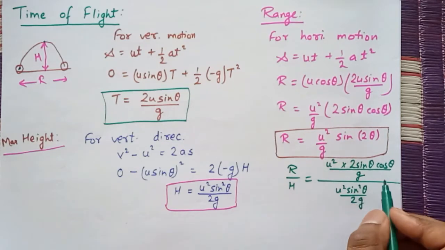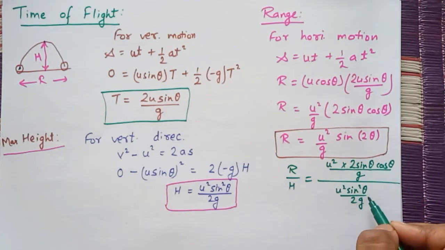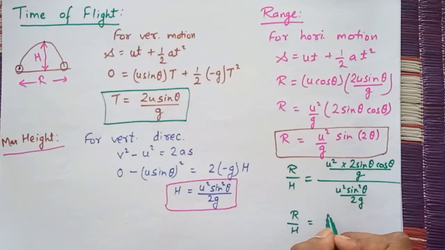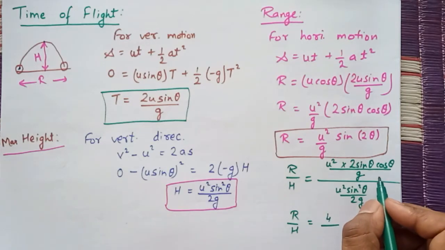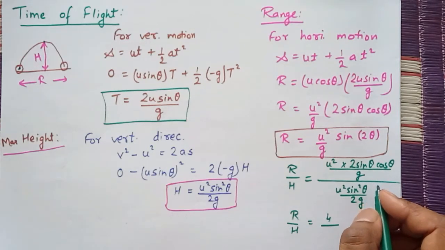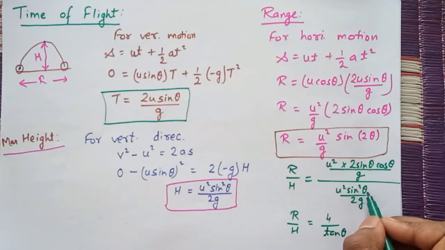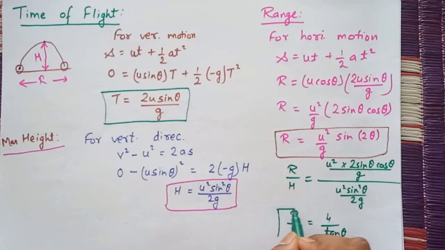So u square will be cancelled out, one sine theta will also be cancelled out, g will be cancelled out. So what will be R by H? 2 will come upwards in the numerator, so it will be 4 upon tan theta. This one was cos theta upon sin theta, so it is cot theta, or I can say 1 upon tan theta. That's why R upon H is equals to 4 upon tan theta.